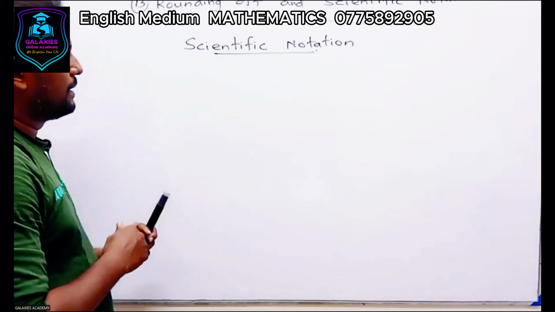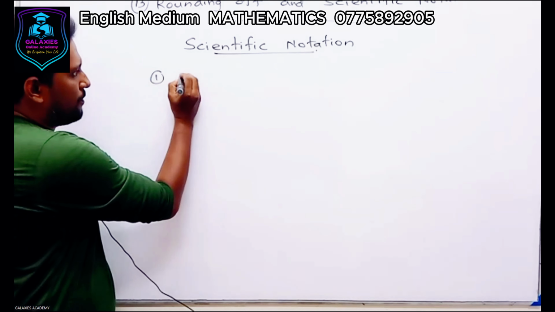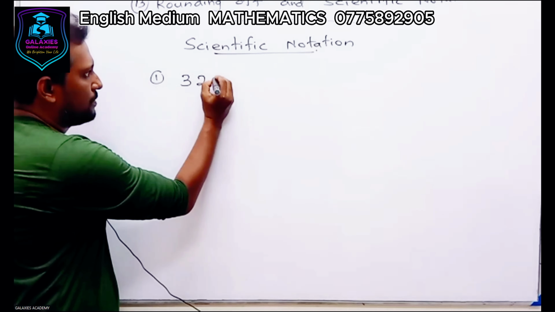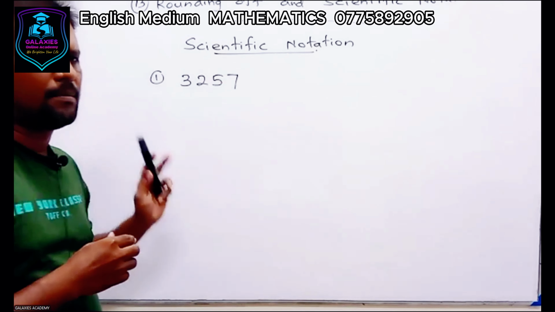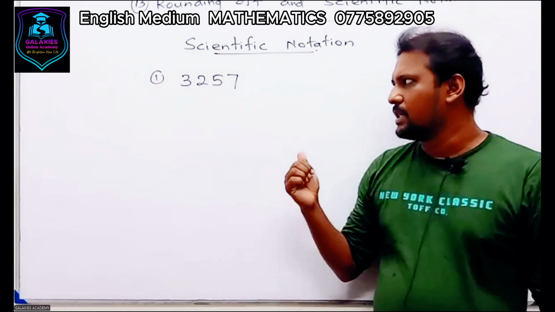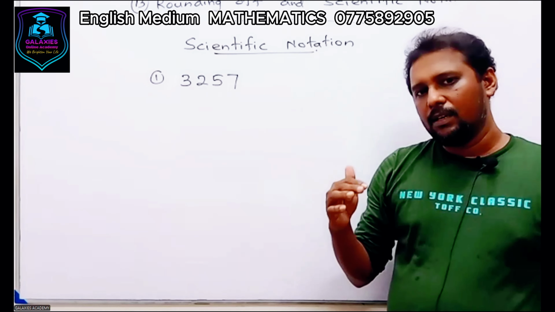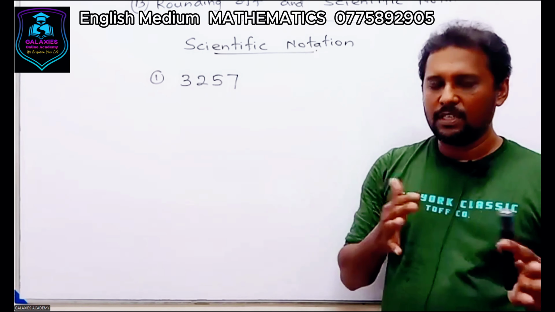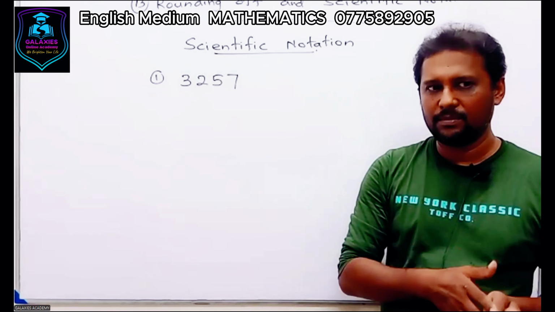Now look at this number. Can you see what this number is? 3257. Is it a whole number, a decimal number, a fraction, or which type?